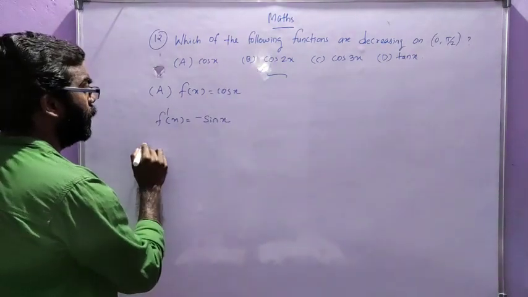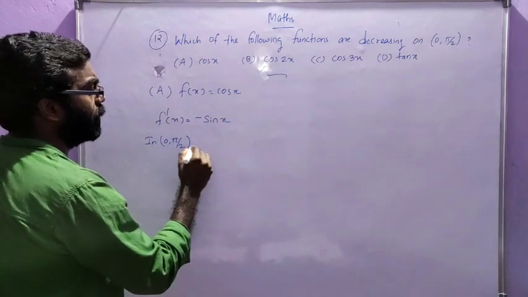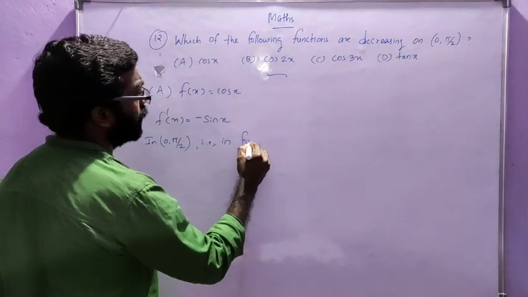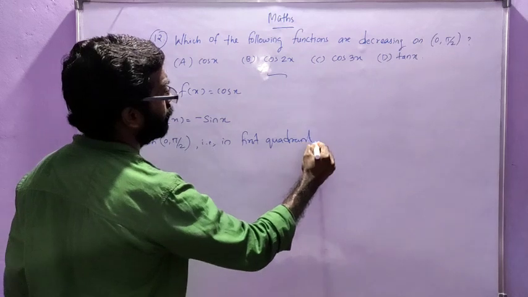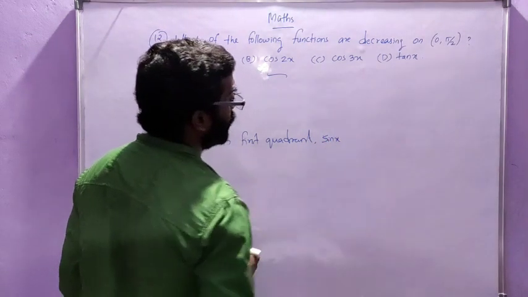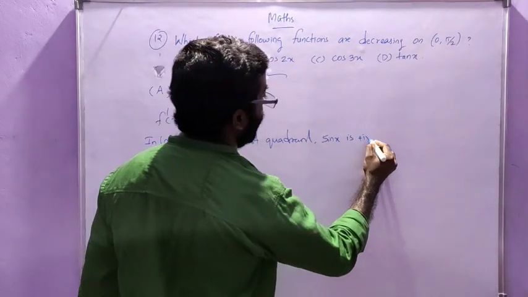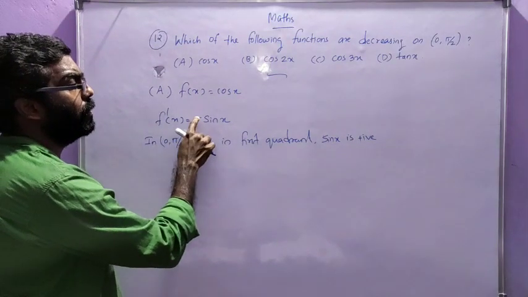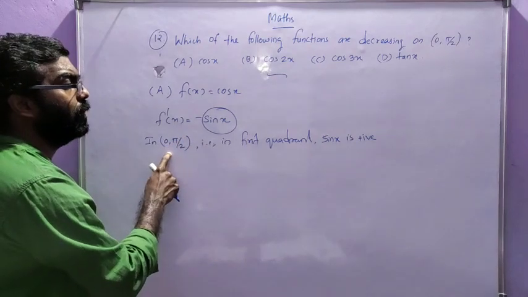And in 0 comma pi by 2, that means in the first quadrant, sin x is positive. All trigonometric functions are positive in the first quadrant. So sin x is also positive, but here one negative sign is there. So minus into plus.